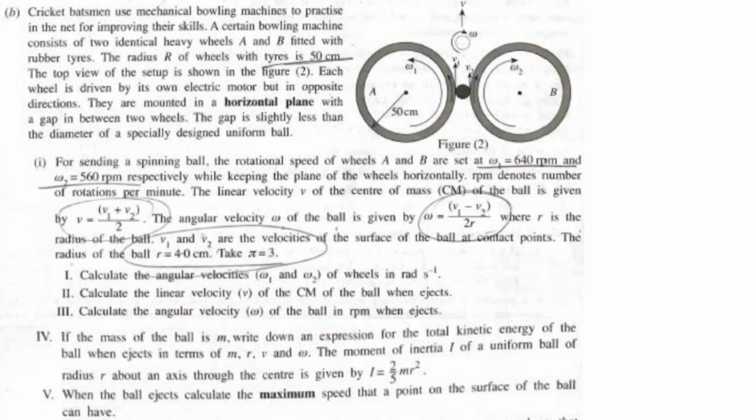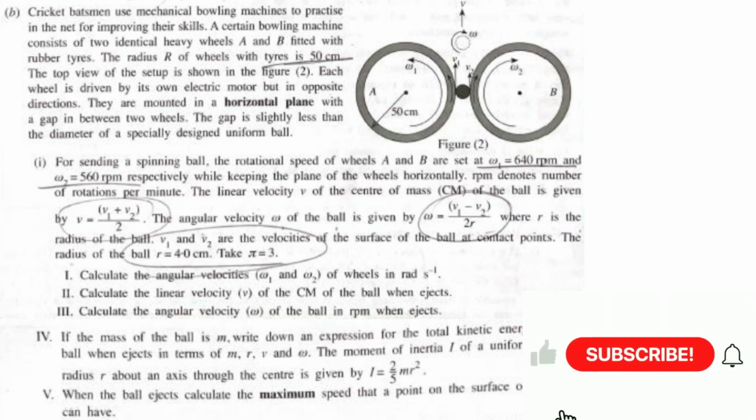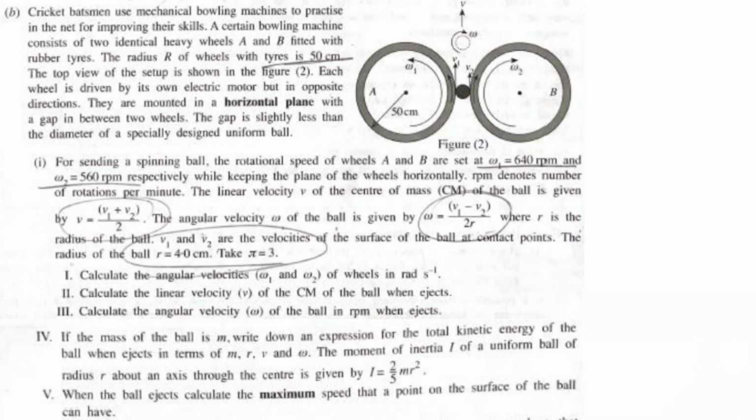The radius R of wheels with tires is 50 centimeters. The top view of the setup is shown in figure 2. Each wheel is driven by its own electric motor, but in opposite directions. They are mounted in a horizontal plane with a gap in between the 2 wheels. The gap is slightly less than the diameter of a specially designed uniform ball.